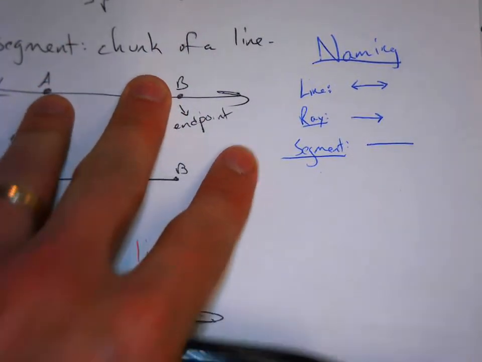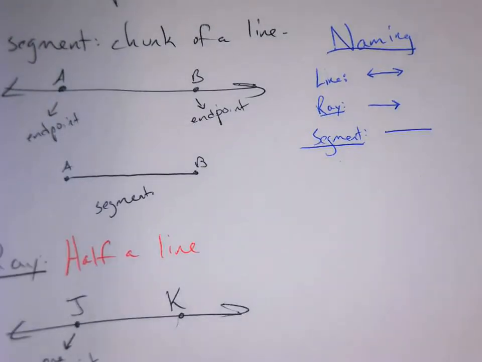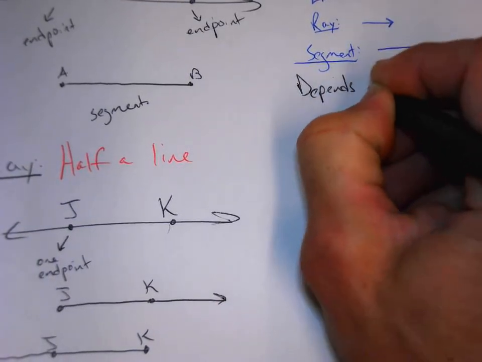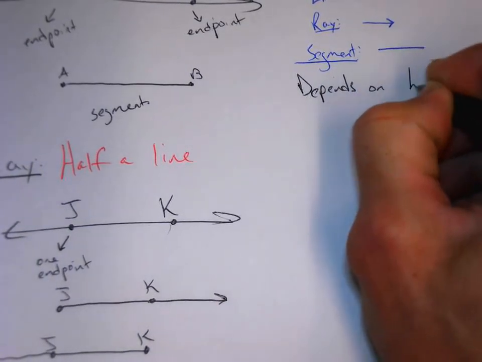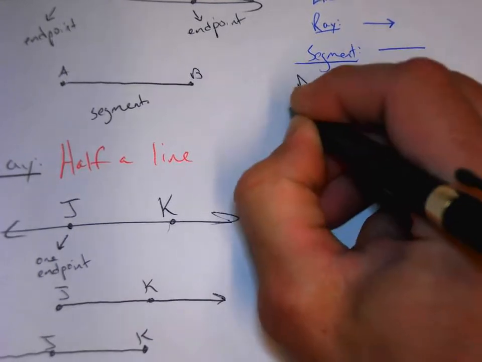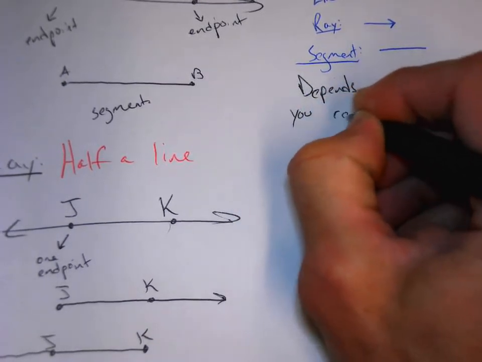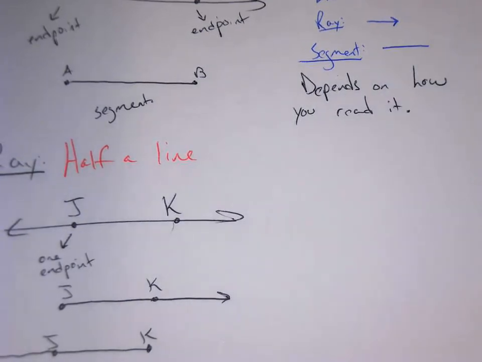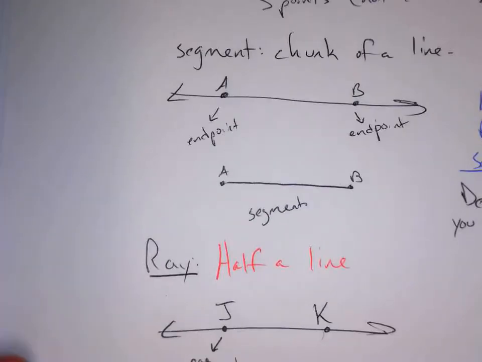Okay. So how does naming work? Naming all depends on how you are reading. Okay, so the naming of things depends on how you read it. So you can have multiple correct ways to name things. It all depends on how you read it. All right, so if you look at the line that we drew earlier, remember this line?